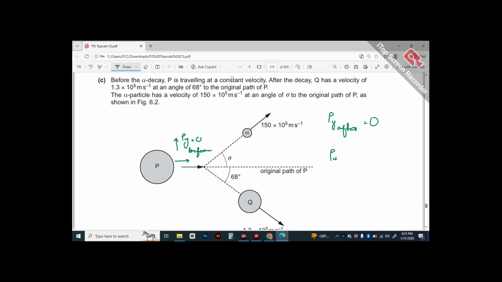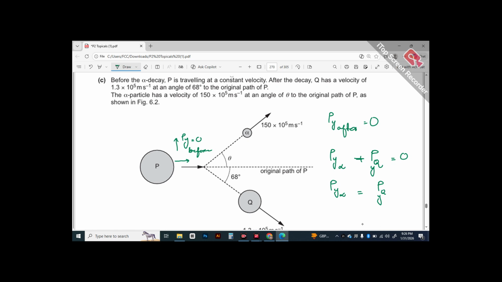That means the y component of alpha's momentum plus the y component of Q's momentum should give us 0. Or we can say they should be equal and opposite.